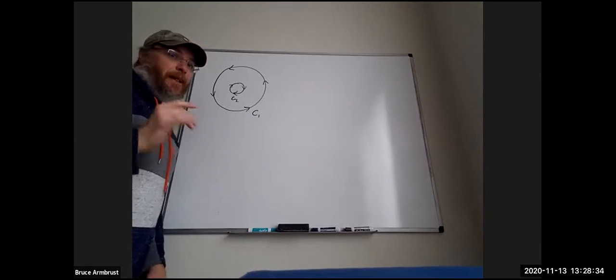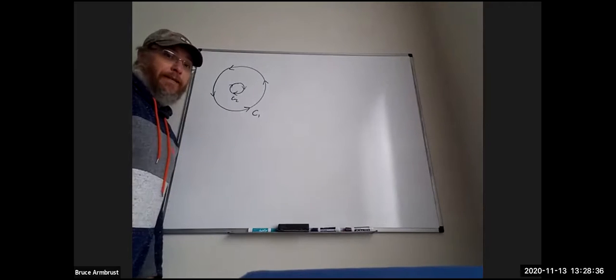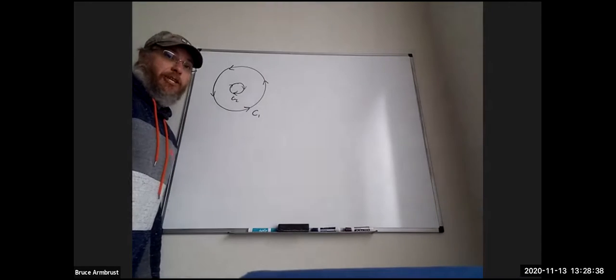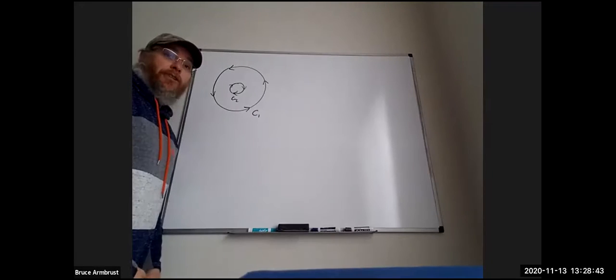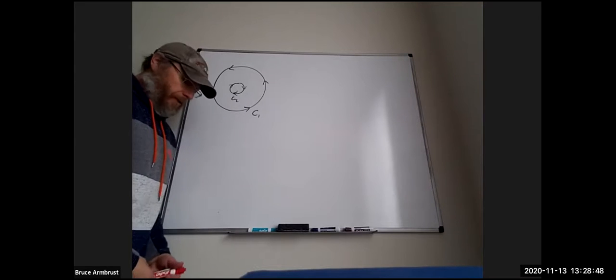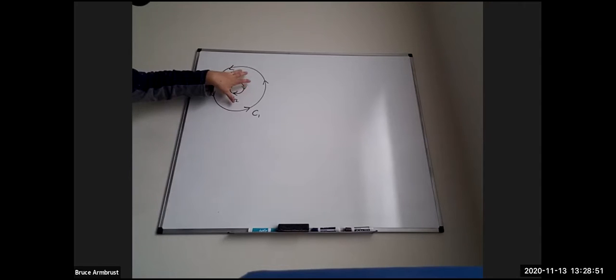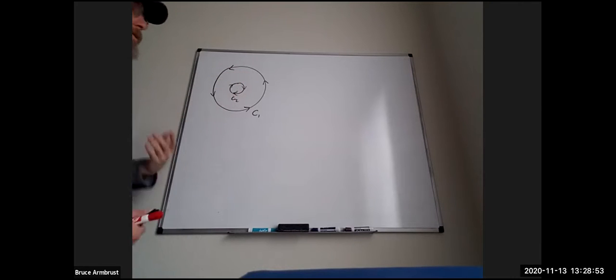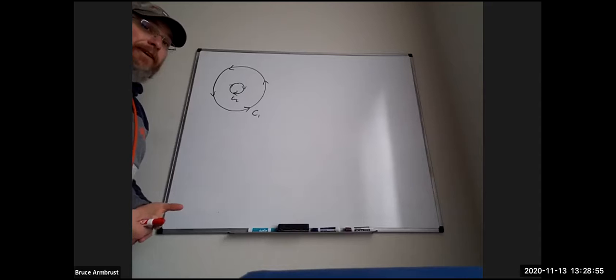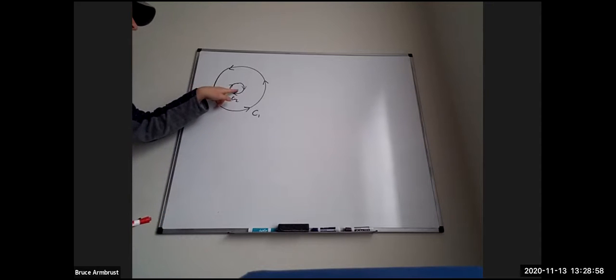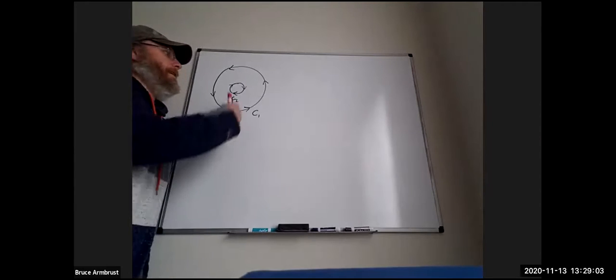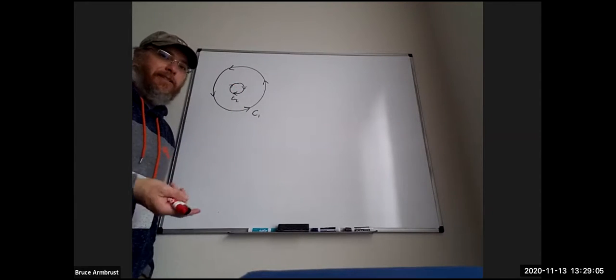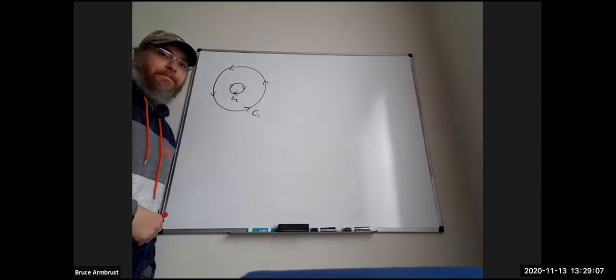Well, I really want it to be positively oriented, and positive orientation meant that the region itself was always to the left of where we were. So you can imagine, if what we're looking at is this washer area, in order for it to be to the left of us as we walk around C2, we'd actually have to walk around C2 backwards, because it's not the interior of C2, it's the exterior of C2 that's our region.